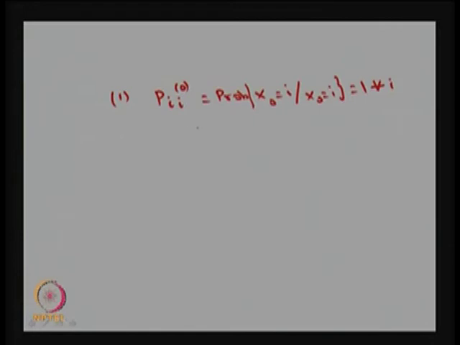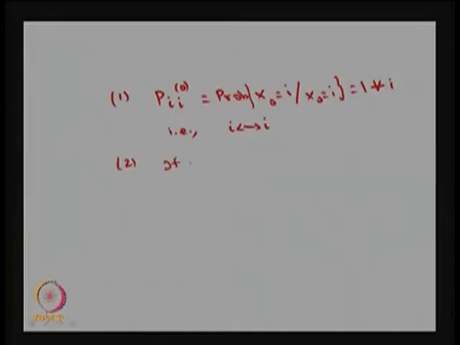In notation, i communicates with i itself. The second property, if state i communicates with the state j, then the state j communicates with the state i also. That means it is a symmetric property. The communicate satisfies the symmetric property.